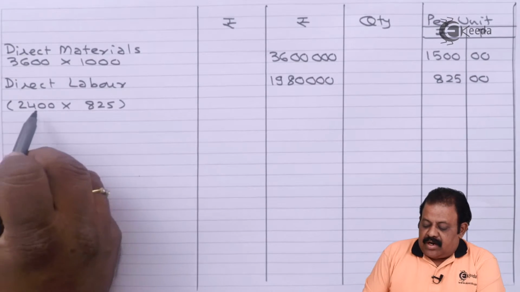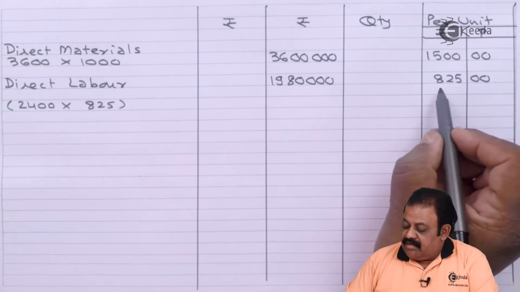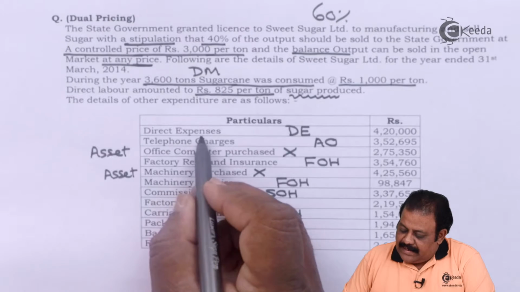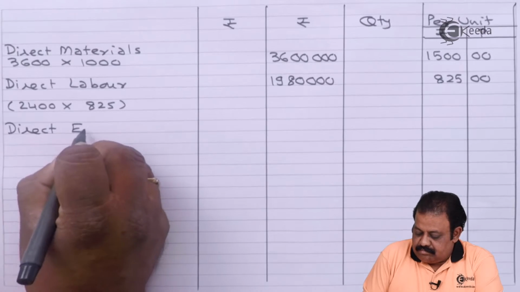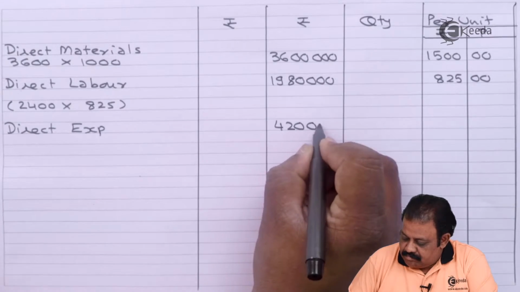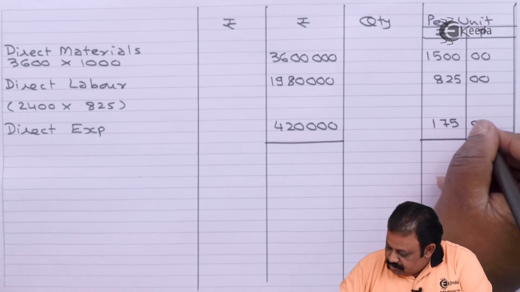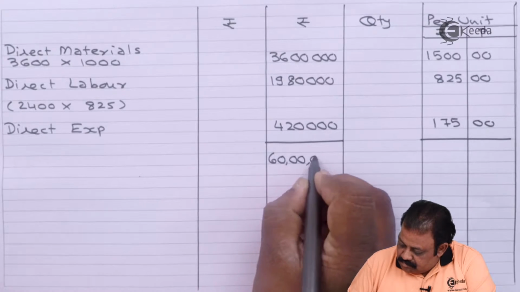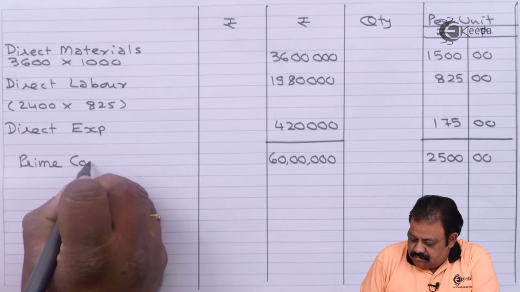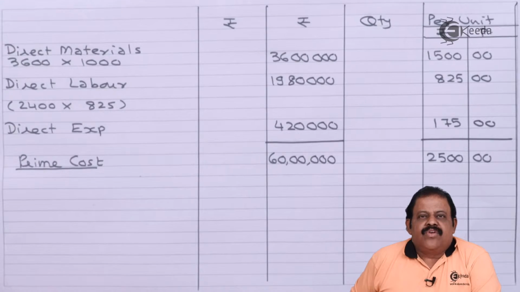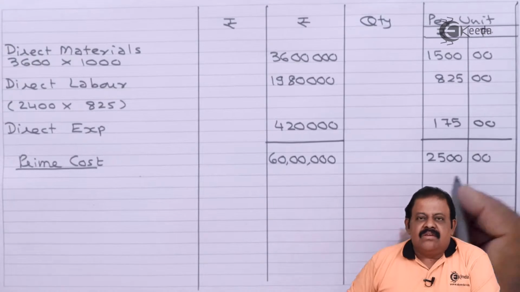So it will be 2400 multiplied by 825, 19 lakh 80,000. Per unit it will be 825 rupees. Direct expenses 4 lakh 20,000. So we got prime cost 60 lakhs, per unit 2500.